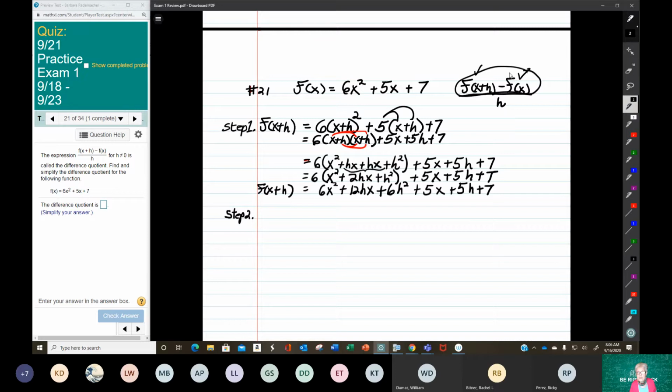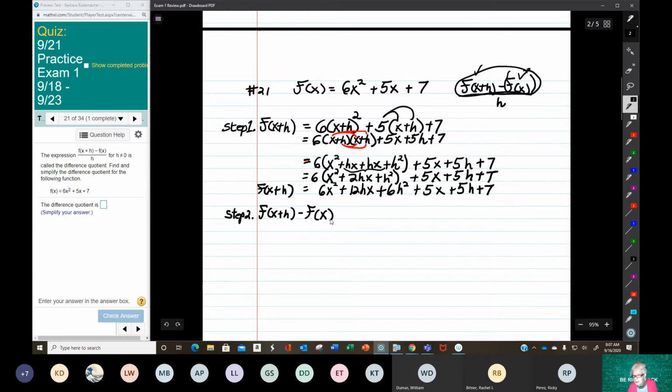And you have to be very, very careful to put f of x in parentheses so you don't make a sign error. It's so easy to make a sign error. I know, I love to make sign errors. So f of x plus h, minus f of x.